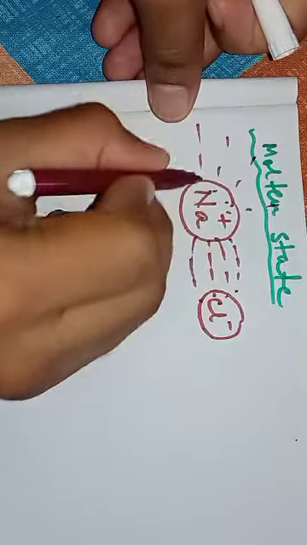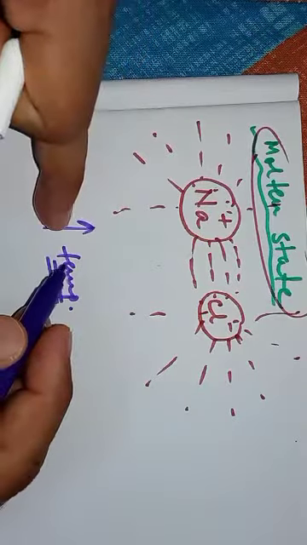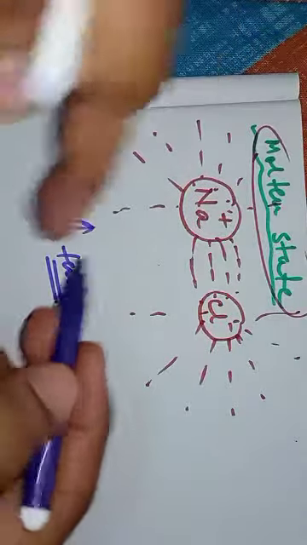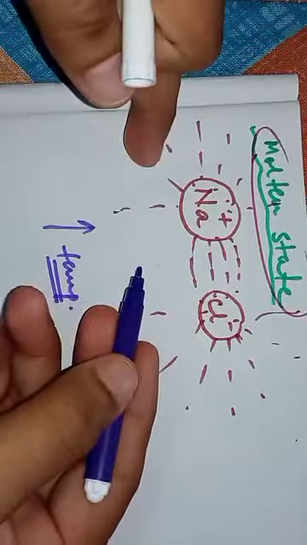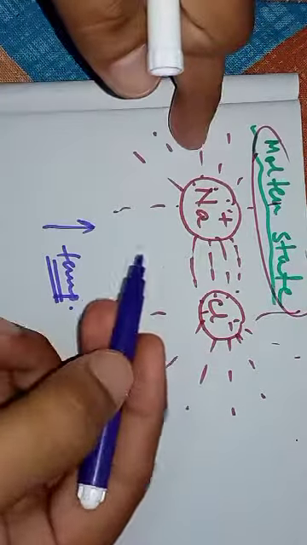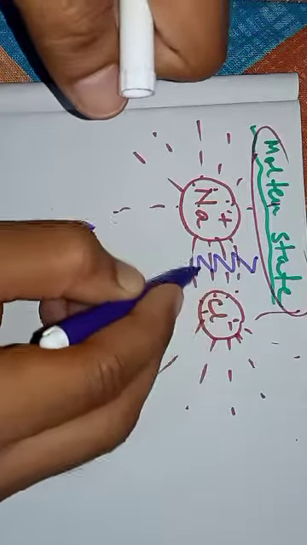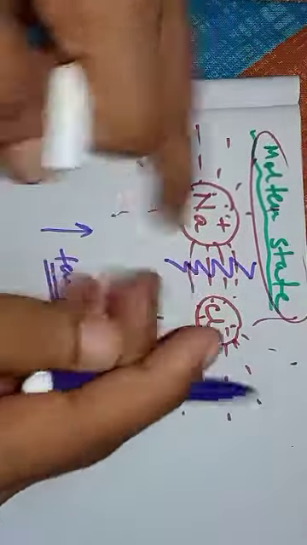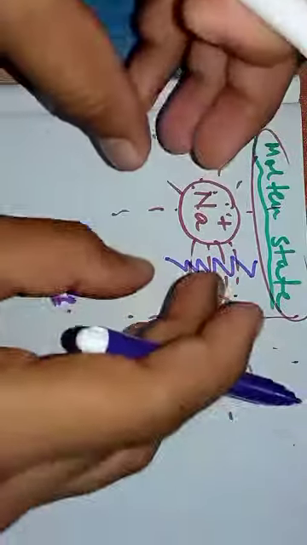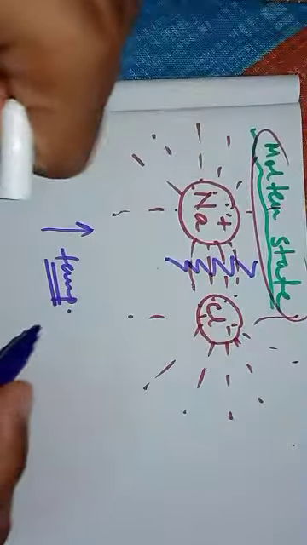Molten state means you are melting the solid form of the electrolyte, that is, you are increasing the temperature. So when you increase the temperature, you are providing heat energy. When it becomes enough to overcome this electrostatic force of attraction, that is also an energy, that is bond energy. The bond energy involved in bonding these two charges is known as bond energy.